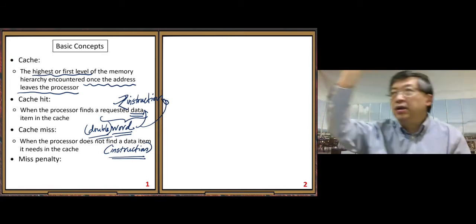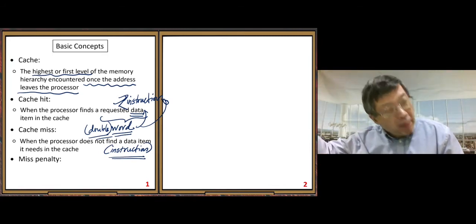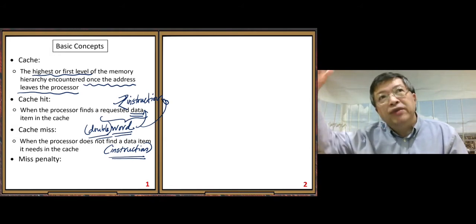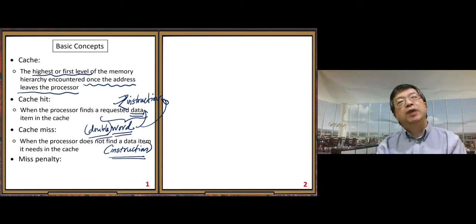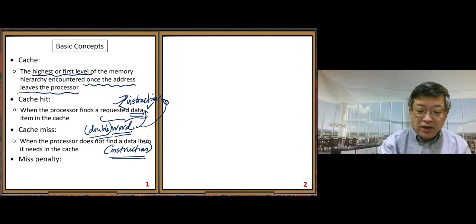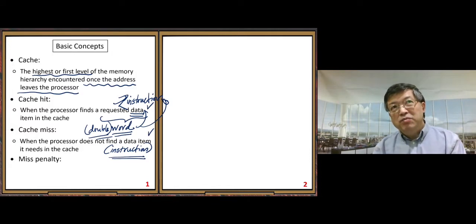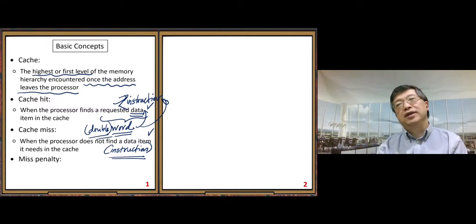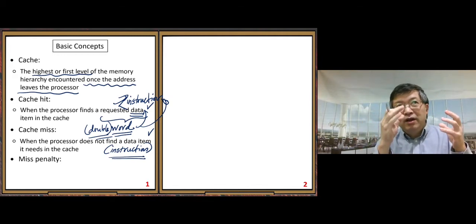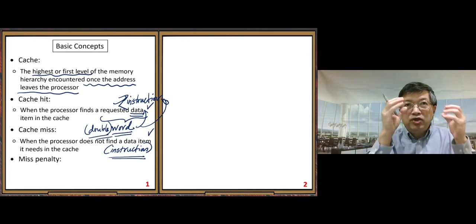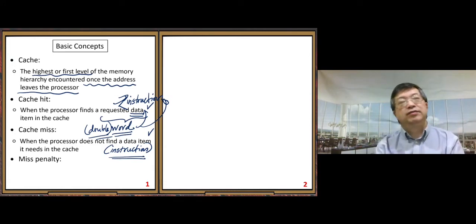You have to go back to the main memory to fetch either the instruction or the data item. Two possibilities, but most likely the data item, so that's why here we mainly mention the data item. Instruction miss rate is usually much lower than data miss rate. Later, when we work on concrete examples, we will see these two different types of miss rates are quite different.